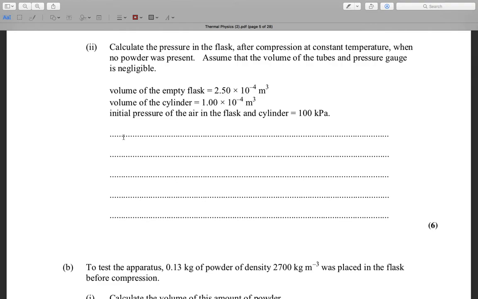Okay, we only use the ratio, the final pressure.